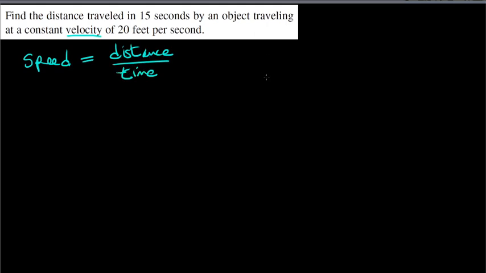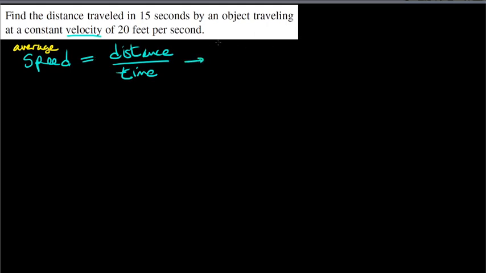So distance divided by time. And in general, you have to be aware that this is the average speed of an object. On the other hand, if the speed is constant, then the average speed is the same as the speed. So we're not going to make that distinction at the moment, but that will become important later on, right?